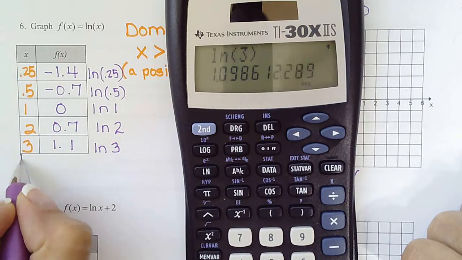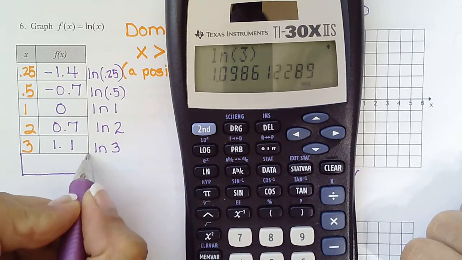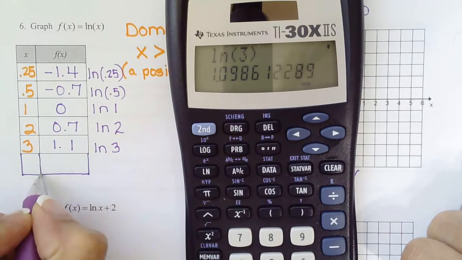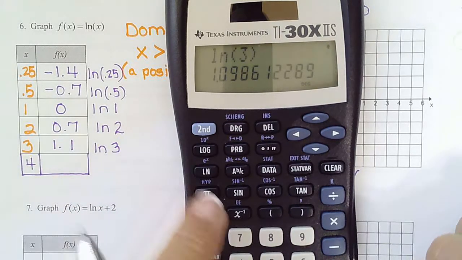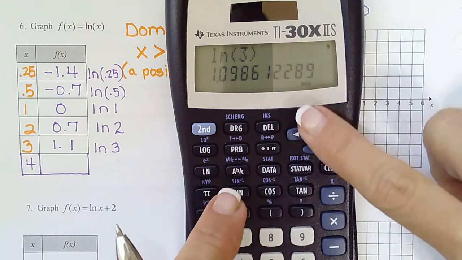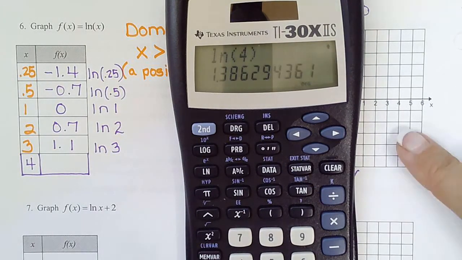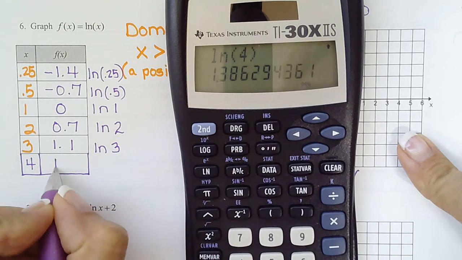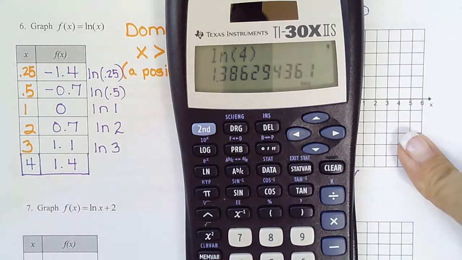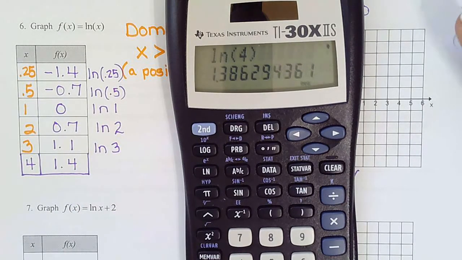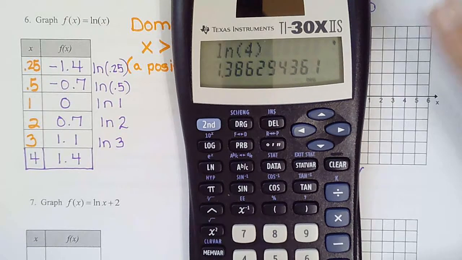Let's do one more since the numbers didn't get too big there. And let's do natural log of 4. I'm just going to hit my up arrow and turn that into 4. And that's 1.4. So now we have kind of a better picture of what's happening.